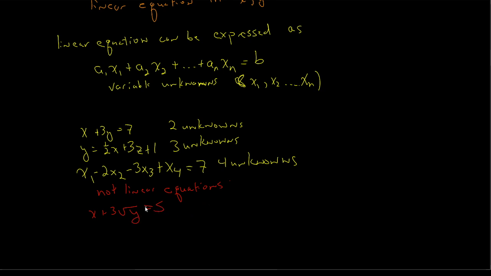Because of the square root in the y variable, this is not linear. Because of the multiplication of xy, this is not linear. And because this variable is going into the sine function, this is not linear. So these are examples of things that would not be linear equations.